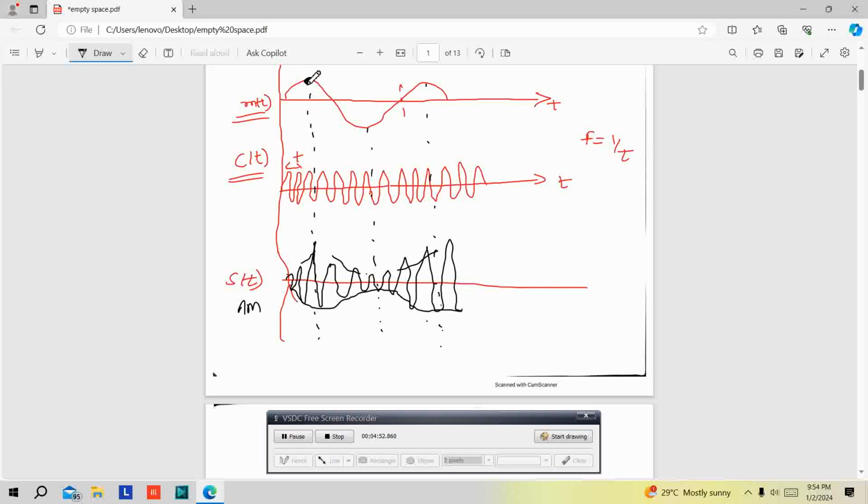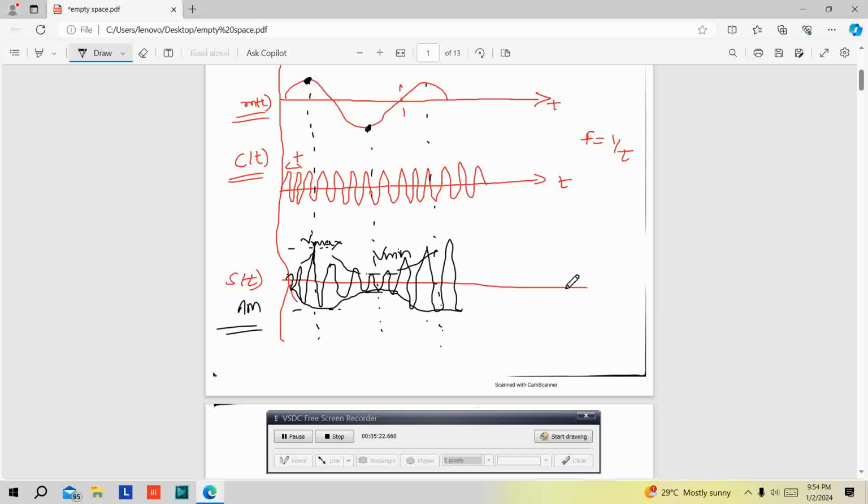Whenever the message amplitude is high, at that time we get V maximum, and whenever the message amplitude is low, you get V minimum. In this way the amplitude of the carrier is varied in accordance with the instantaneous value of the message signal. So this is a modulated signal.